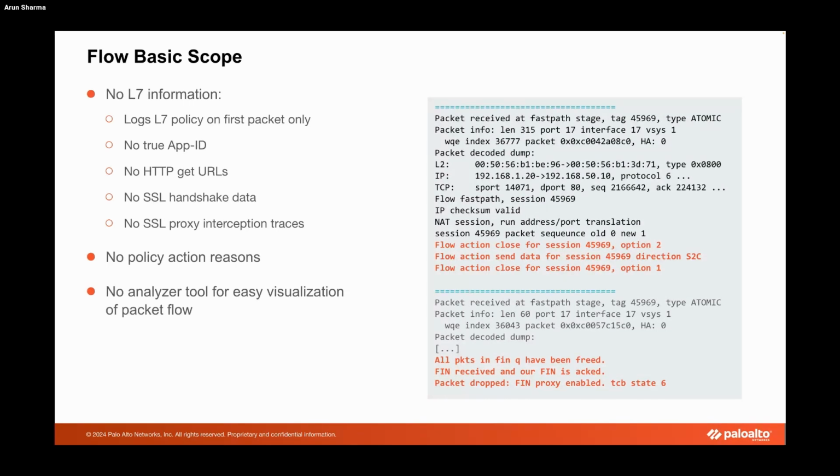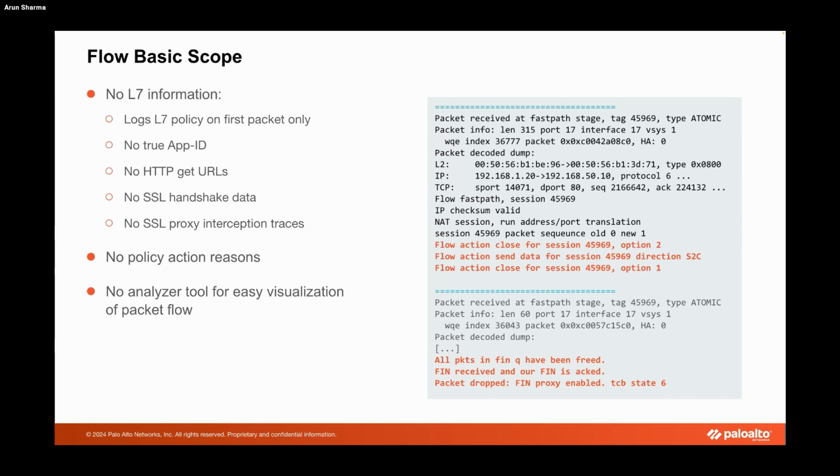Okay, so flow basic provides a lot of information, but some information is not provided. Flow basic is a flow-oriented debug feature. Thus, the information it provides is directly related to the layer 2 to layer 4 processes that are required to facilitate the bidirectional flows of traffic that belong to each session.